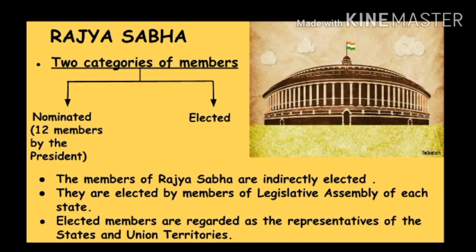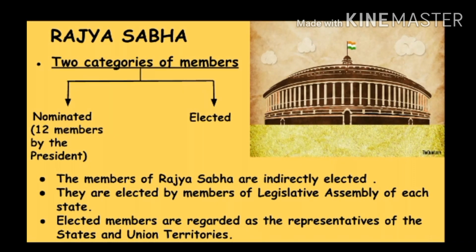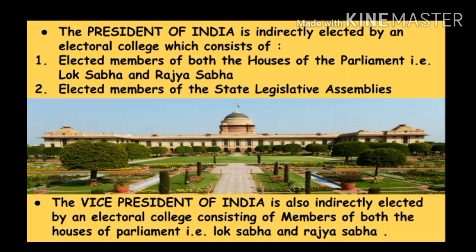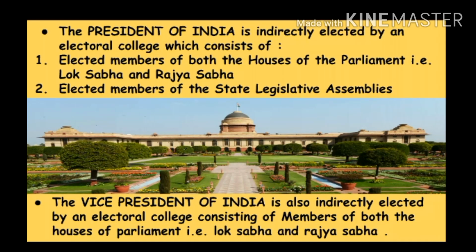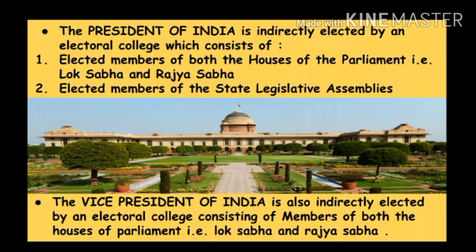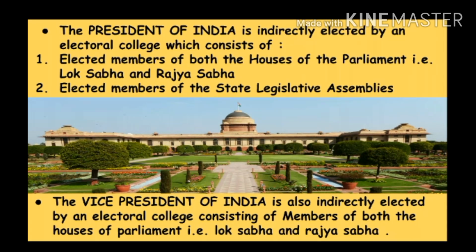Instead, they are elected by the members of the Legislative Assembly. Similarly, the President of India is also indirectly elected by the Electoral College, which consists of the members of the Lok Sabha and Rajya Sabha and the members of the state legislative assemblies.